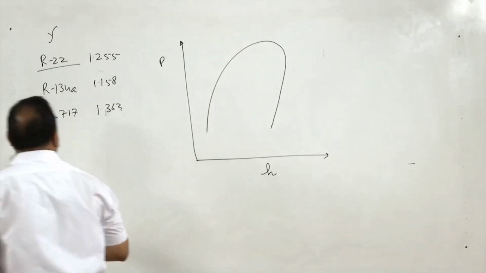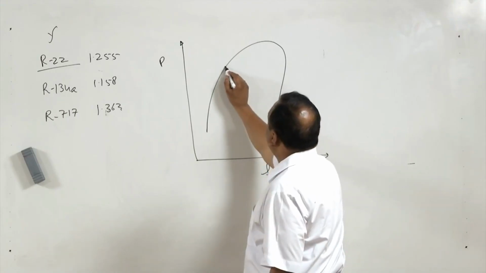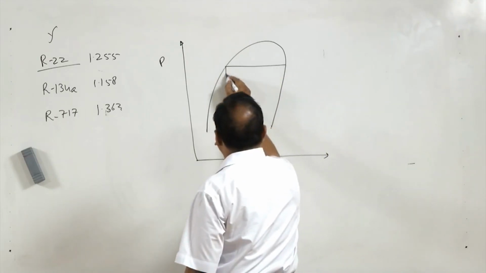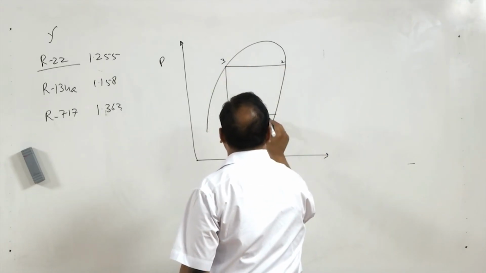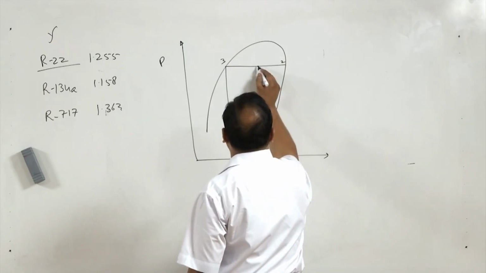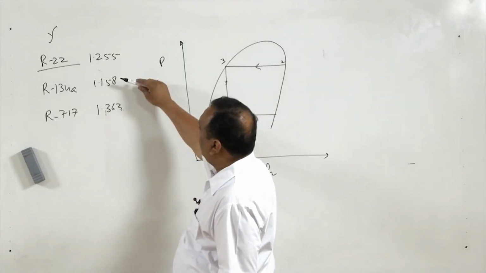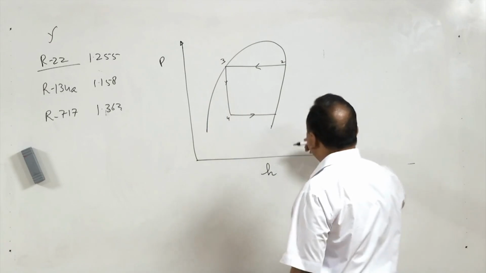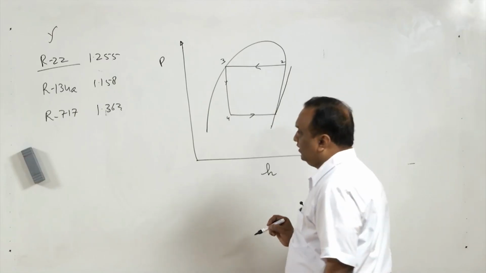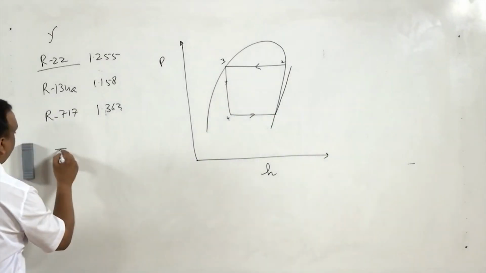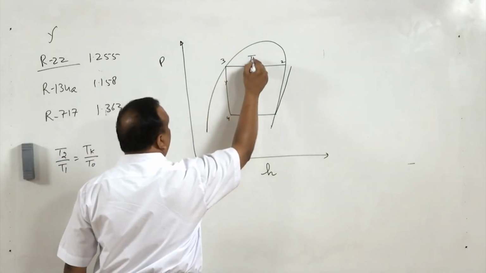Now, if you look at these figures, we can easily find that during a simple cycle, 2, 3, 4, when the compression is taking place and we are taking R134A as the working substance, the constant entropy line is going to be close to the saturation line, because T2 by T1, or here Tk by To, we can take Tk or To.